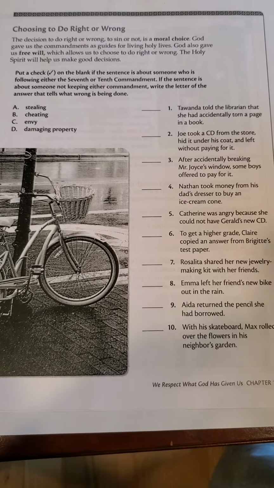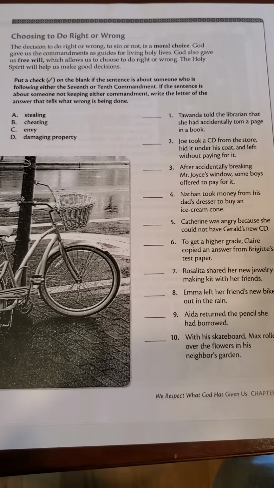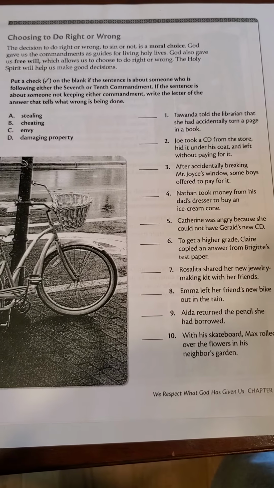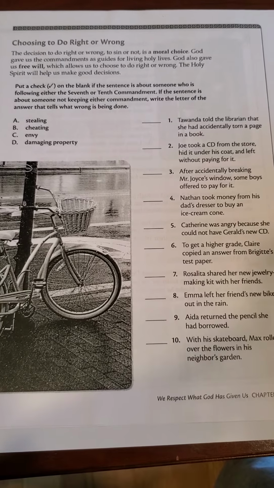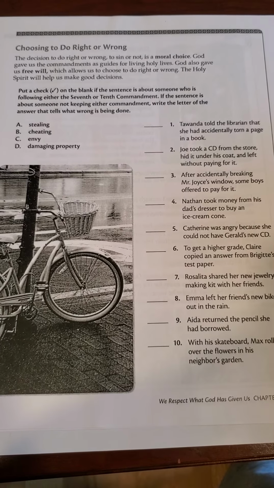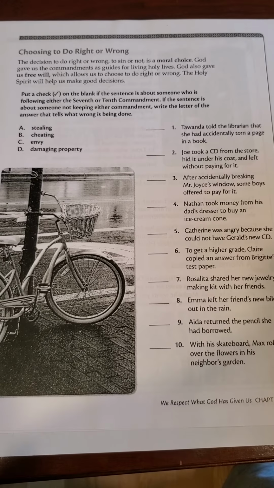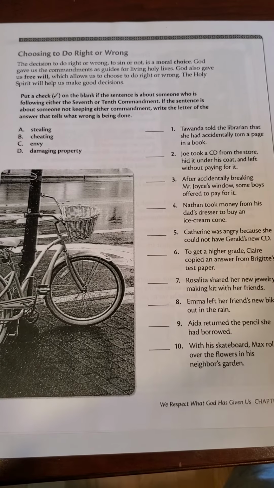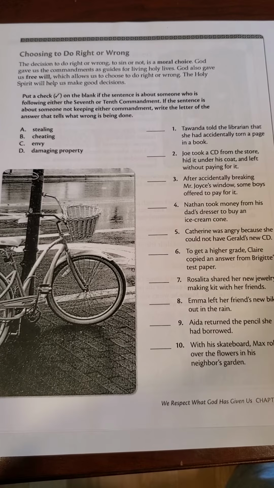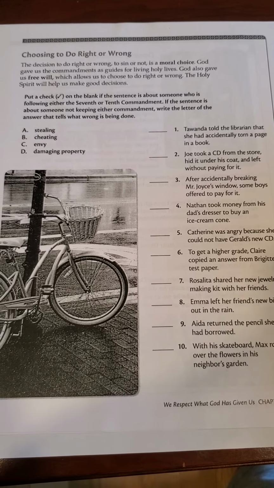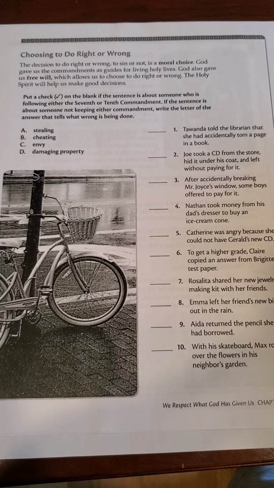On the next page, we have some matching type things here. It says put a check mark on the blank if the sentence is about someone who's following either the 7th or 10th commandment. If the sentence is about someone not keeping either commandment, write the letter of the answer that tells what wrong is being done.